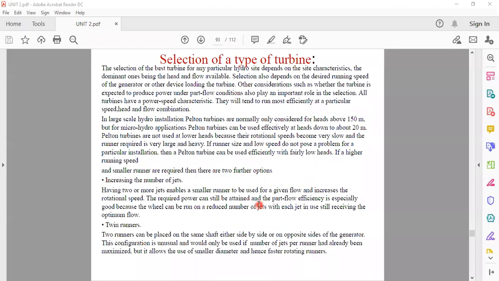So selection of type of turbine, the selection of the best suitable for any particular hydro site depends on site characteristics, the dominant ones being the head and flow available. The selection also depends on the desired running speed of the generator and other devices loading the turbine.